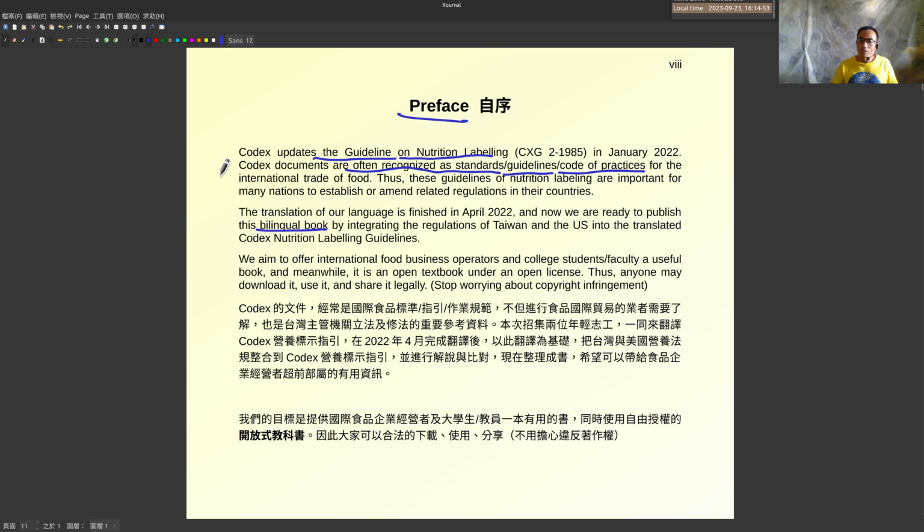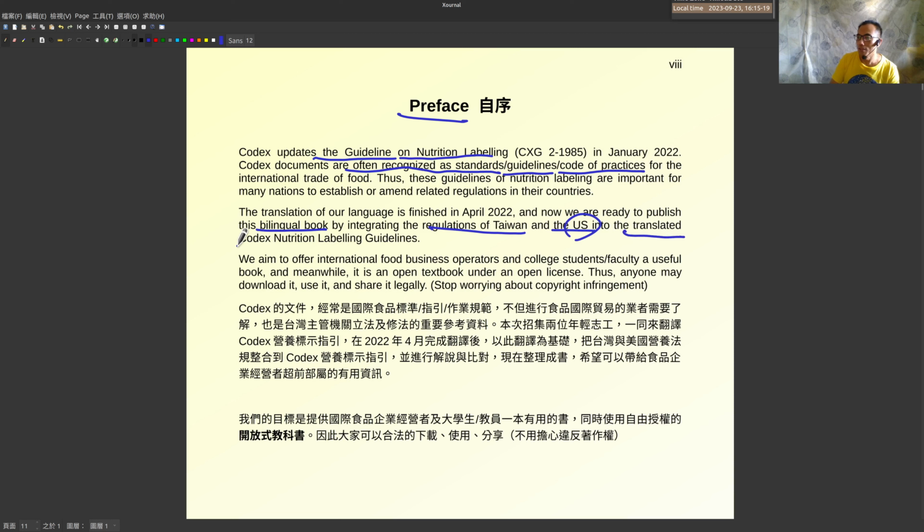So you can see the first part is English, the second part is in Taiwanese Mandarin, by integrating the regulations of Taiwan and the US. I think it's a good chance because you will go to the US for your next 2 years of study. Thus, if you have a chance to study this book, it is good for you.